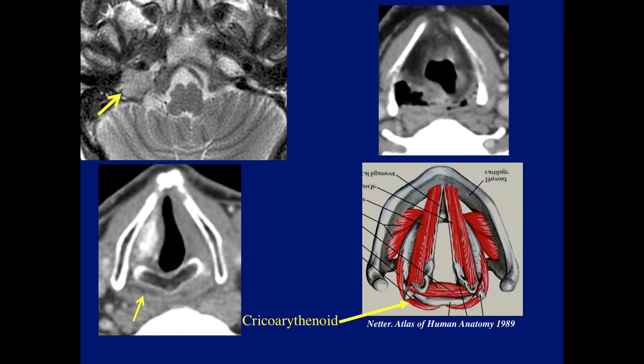Okay, so I showed this case before, a jugular mass, distal lesion involving the larynx, and the denervation atrophy of the cricoarytenoid. Same patient. Why am I showing this?